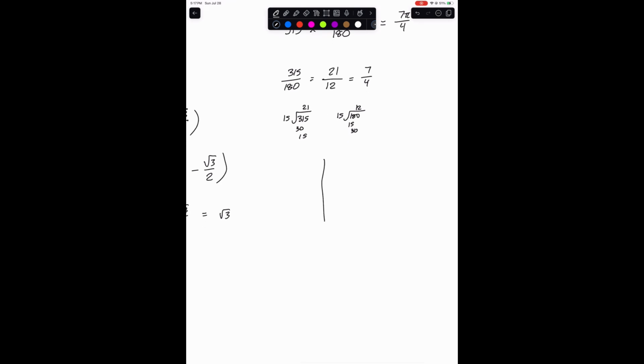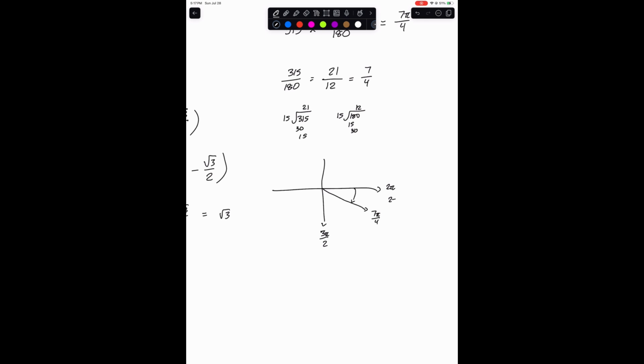If we drew a graph for this, 7 pi over 4 is right here, dead center. We have 2 pi over here, and we have 3 pi over 2 right here. And the reference angle from here to here, right?